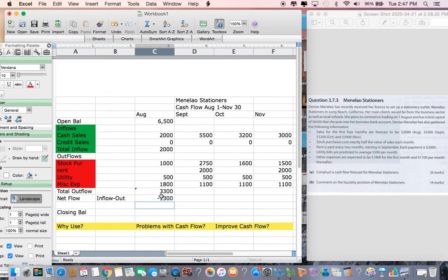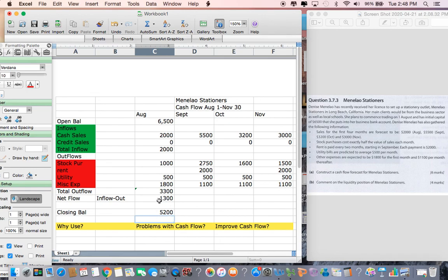So what you'll do, okay, for the closing balance is, well, if she has a negative flow of $1,300, but she put into the company $6,500 of her own money, her closing balance at the end of the month is $5,200.